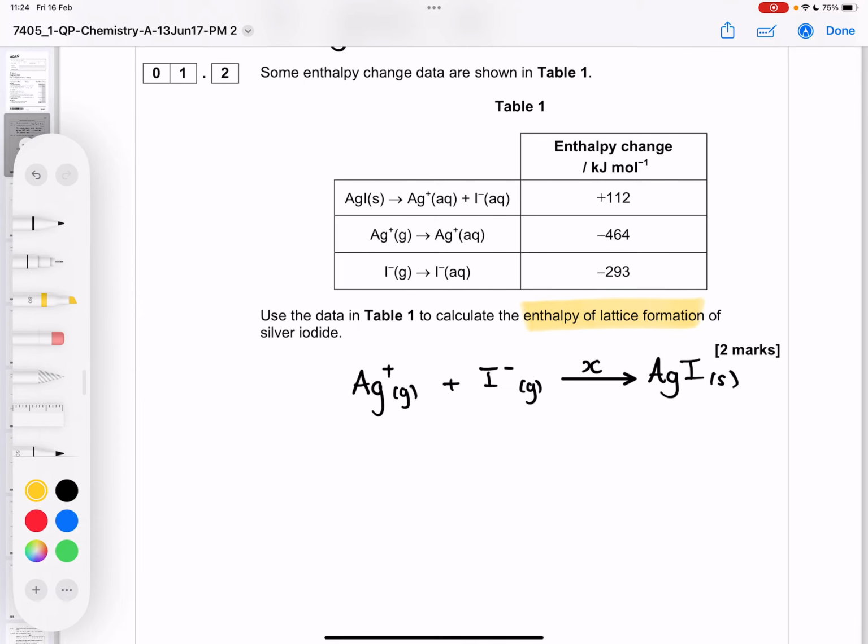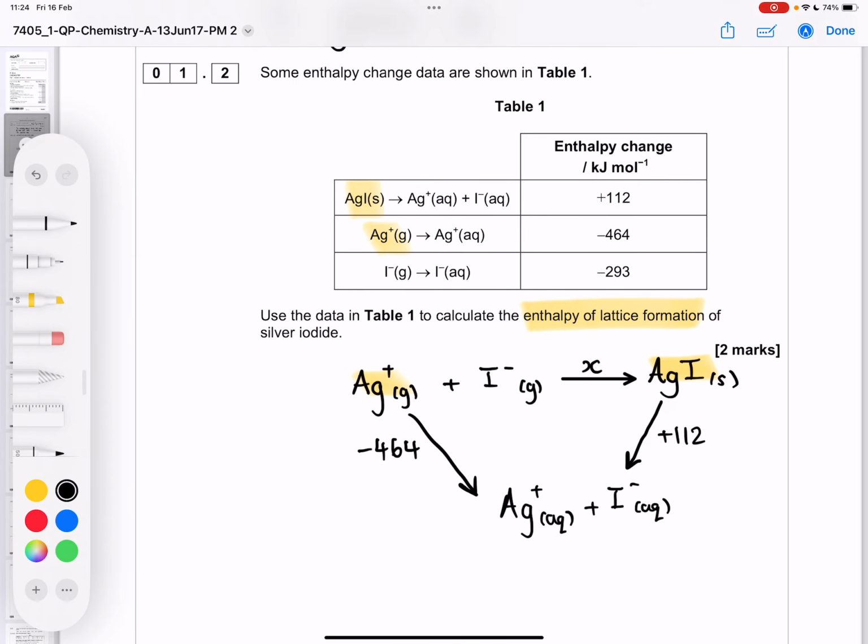The first thing I've got here has Ag solid, and Ag solid is placed right here. I can see that the arrow points away from Ag solid and goes to Ag+ (aq) and I- (aq). That's the enthalpy of solution. That's plus 112 for that change. Then I've got Ag+ gas here, and this is given to me there, and that arrow is minus 464.